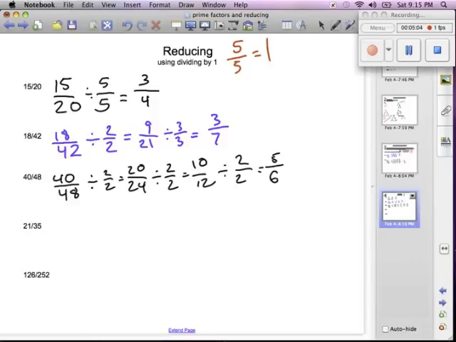Now I realize too late that I could have just divided them both by 8. But this is why I say it doesn't matter which number you choose. It doesn't matter if you get there quickly or slowly and carefully. Just do it well and you'll get the same answer. How about 21 over 35? Those are both divisible by 7.